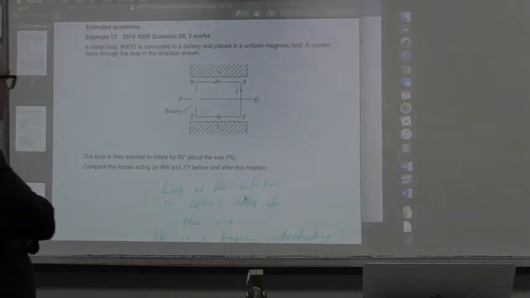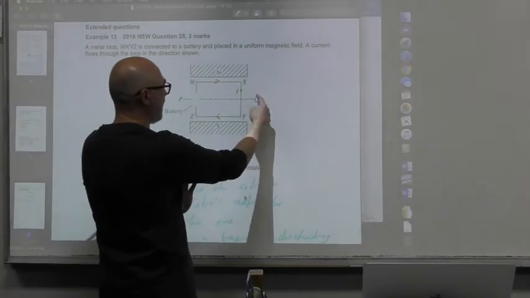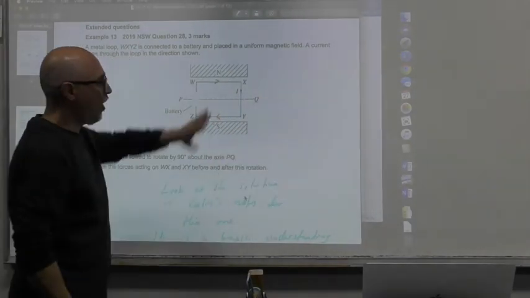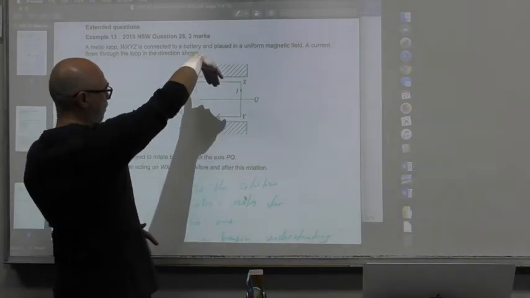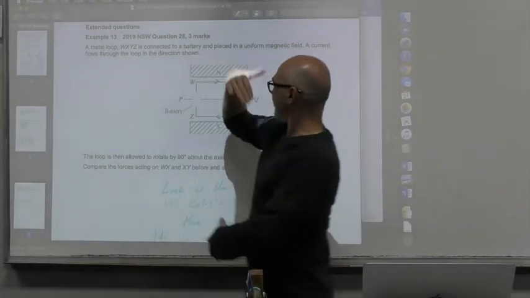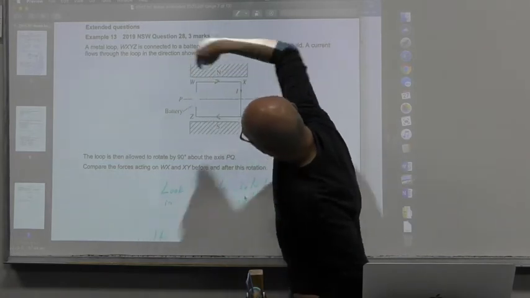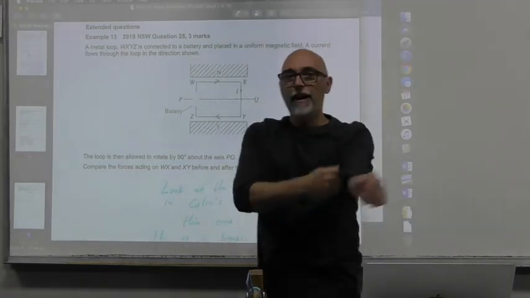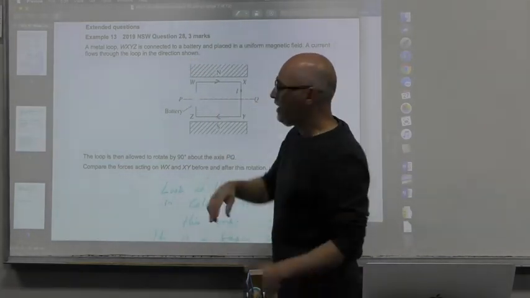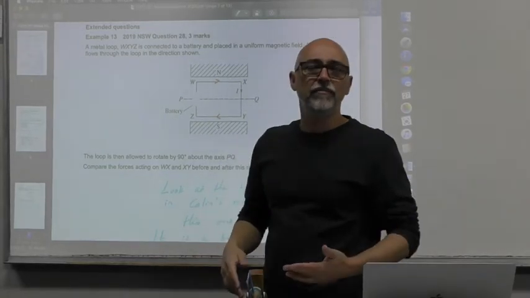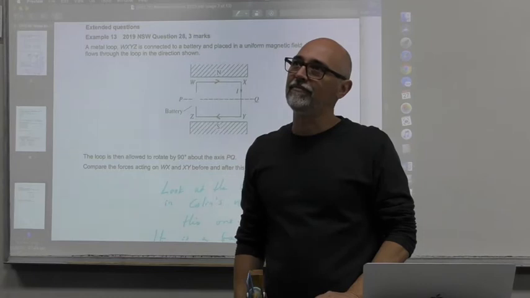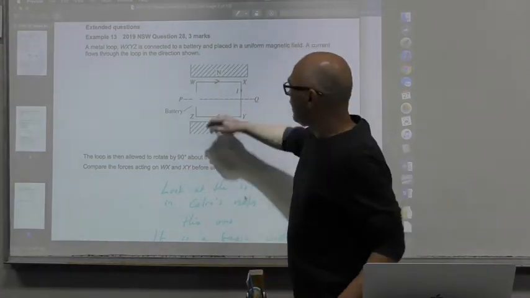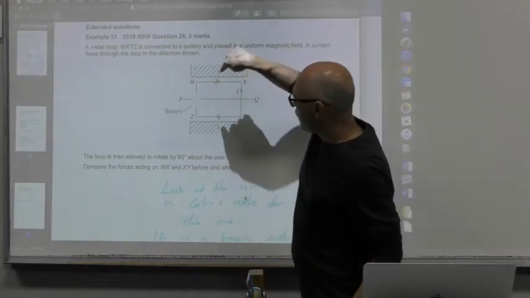When you're looking at WX and XY, in this orientation, WX experiences a force down, so maximum force down that it will experience. So WX experiences a force down.